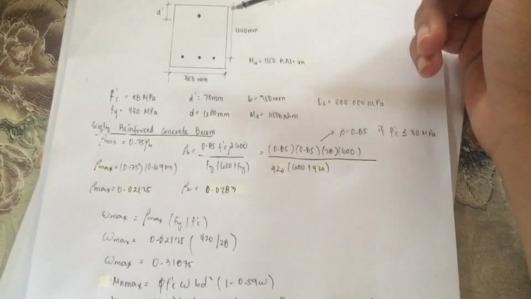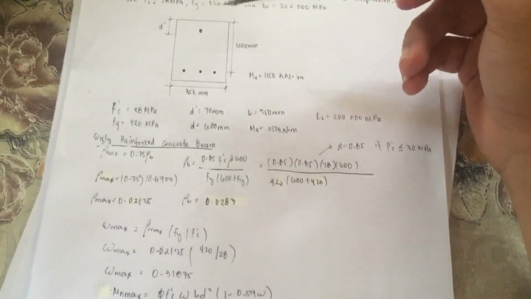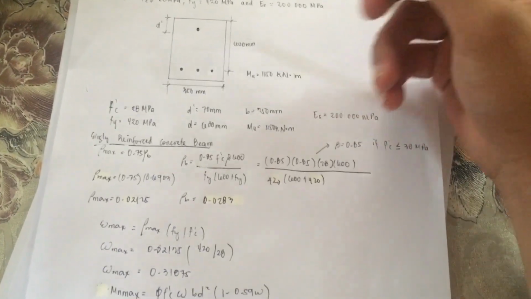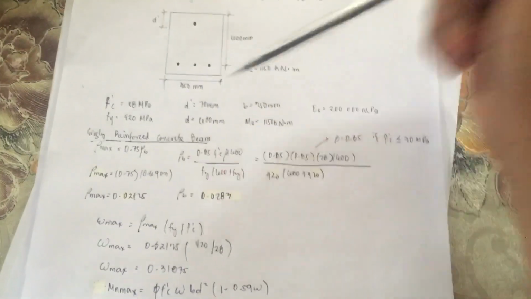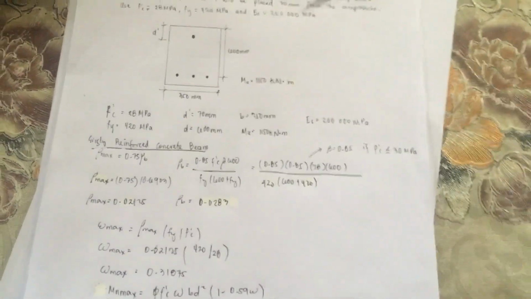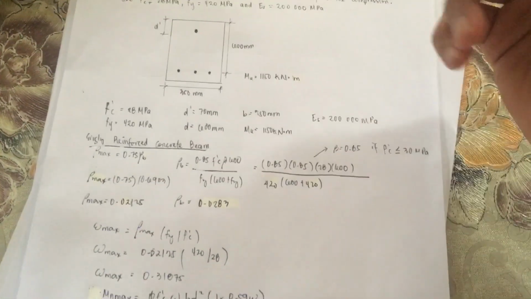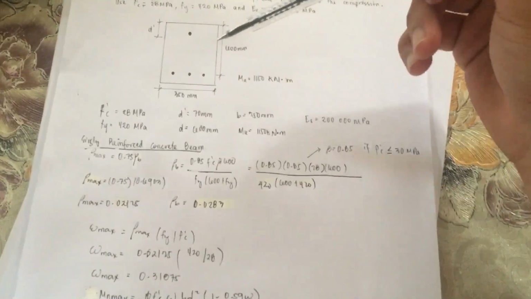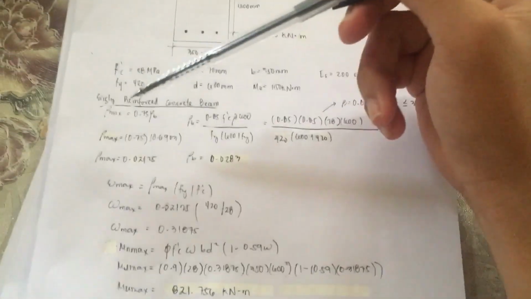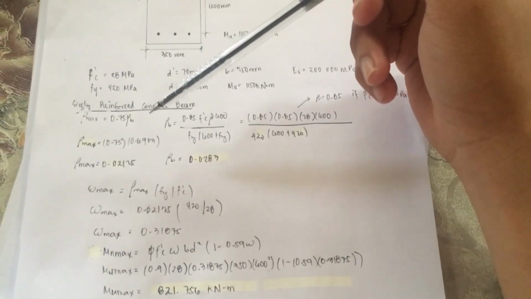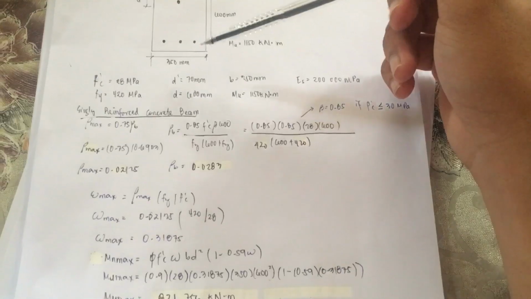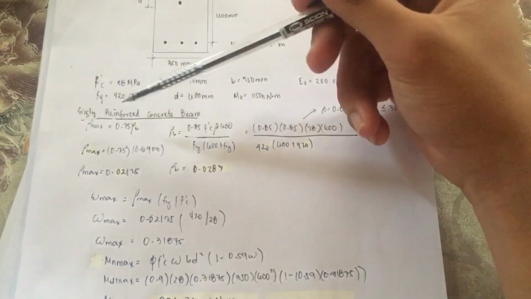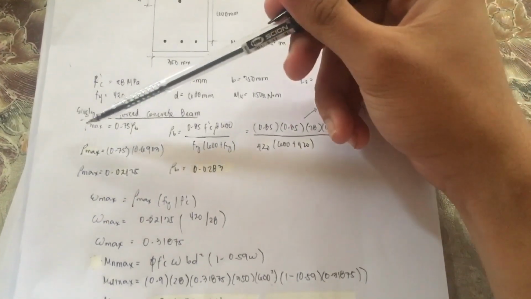So by looking at the previous topic nga na-discuss before, this is actually a singly reinforced concrete beam. So by that, we can follow the step-by-step process nga na-discuss sa previous lessons nato. So with that, by determining the area required for the steel reinforcement sa singly reinforced concrete beam, we need to determine first the P max.